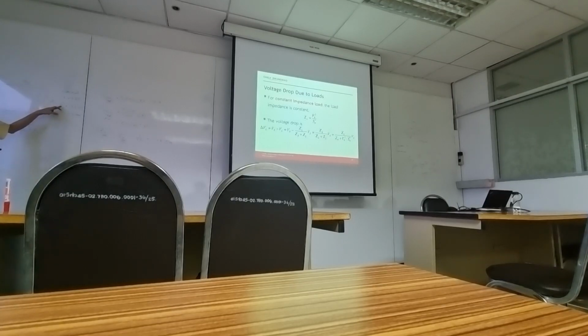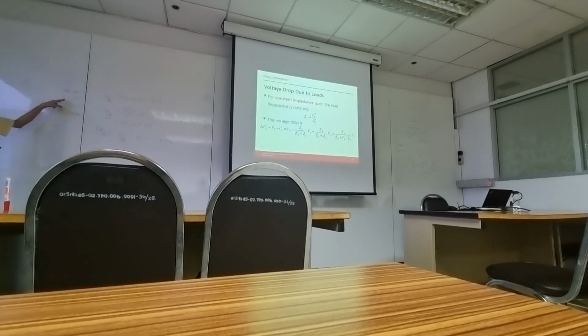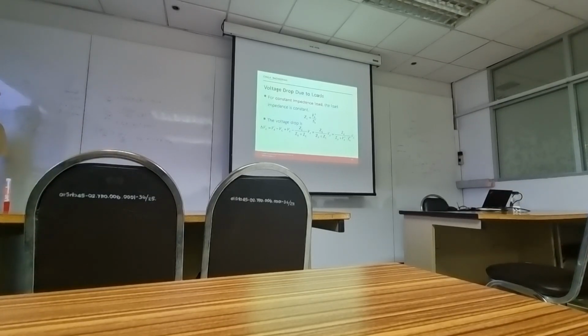Okay, you have to know that this P and this Q is the load demand, and this occurs when the voltage at the load is 12.47. If the load voltage is not 12.47, this P and this Q will change. It means that if the voltage is 12.47, P is 10, Q is 2.